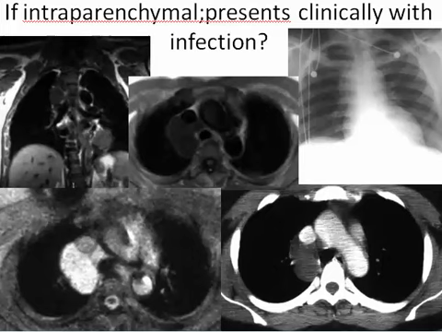Again, these are examples of cysts related to the middle and posterior mediastinum. If related to the trachea, it is a bronchogenic cyst. If related to the vertebra, it is a neuroenteric cyst. If related to the esophagus, it is a duplication cyst.